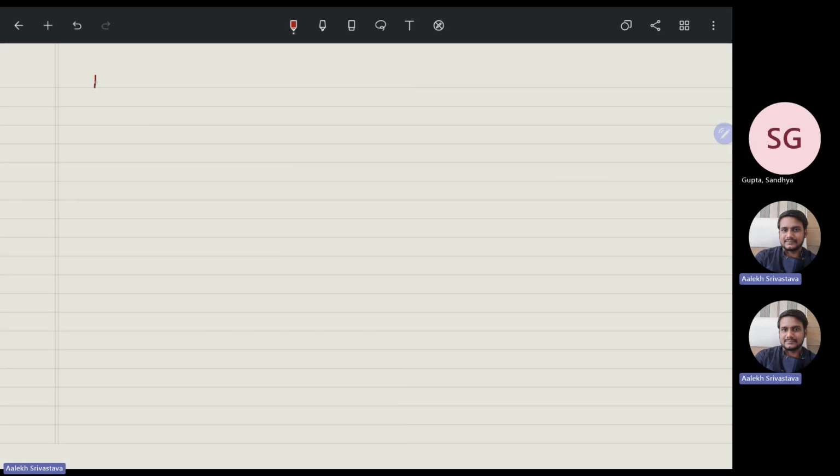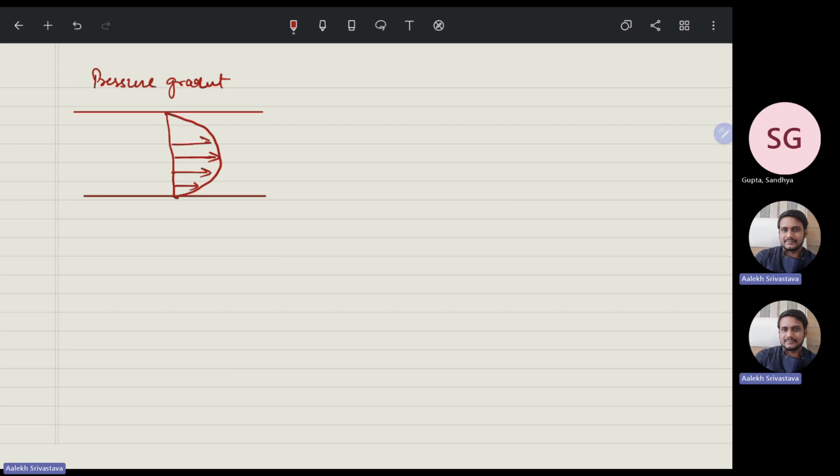Now for the pressure gradient, when we have only pressure gradient, the velocity profile was like that, and at the center we have the maximum, and it is like this. Now when the top is moving, we have a velocity profile like this from the center, and at the top we have a maximum velocity, u is equal to u0.